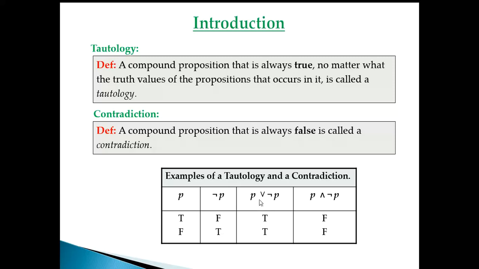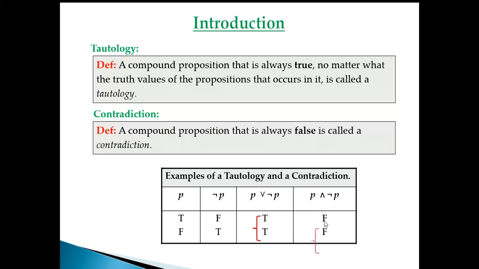Now if we calculate p or negation of p: true or false is true, false or true is true. So all truth values are true, so it is called a tautology.